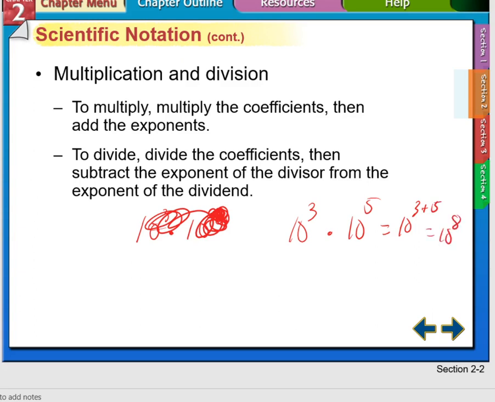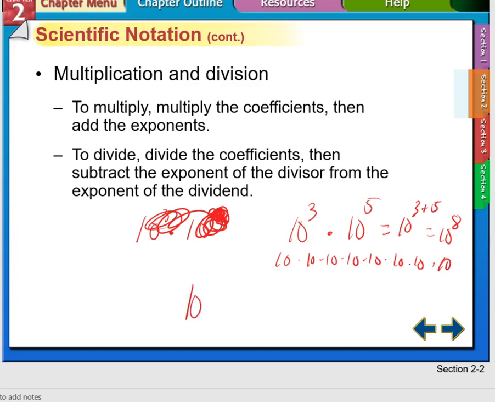Why? Because that's 3 tens multiplied out, that's 5 tens multiplied out, that's 8 tens multiplied in a row. That's why it's 10 to the 8th. You add it. It's weird, but it makes sense if you think about it that way.